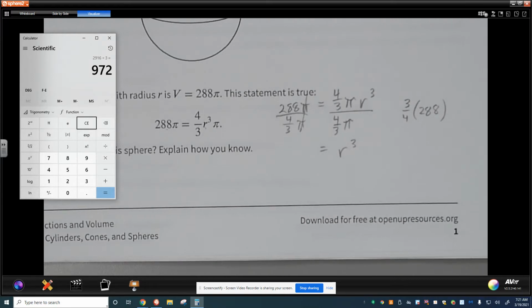But the hard part is when we want to go to a decimal, a lot of times we think, oh, 288 divided by 4/3 is just 1 1/3, so I can divide by 1.3. You can see that it comes out to a really long decimal. So it is really critical that we recognize this step of multiplying by the reciprocal, and that reciprocal of 3/4.